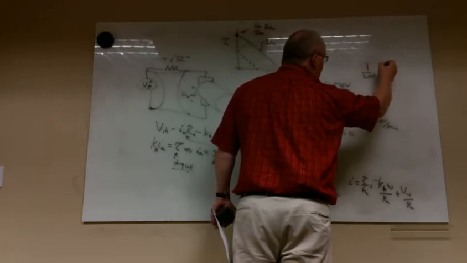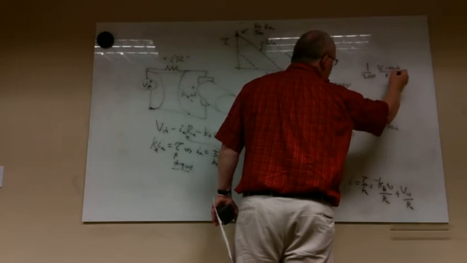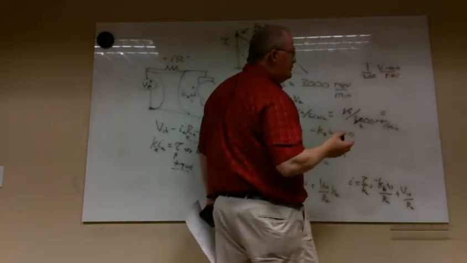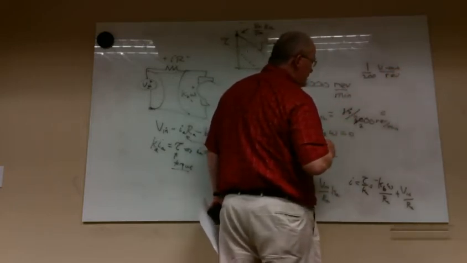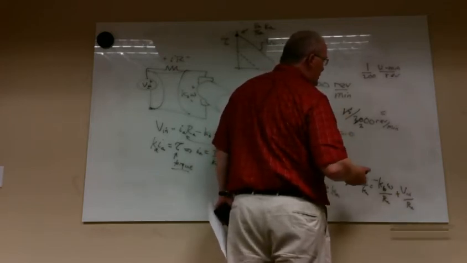That would be volt minutes per revolution, which is a really bizarre number, but there's a point to that actually. Let me get to that in a second. It's volts per RPM, 1/200th of a volt per RPM.